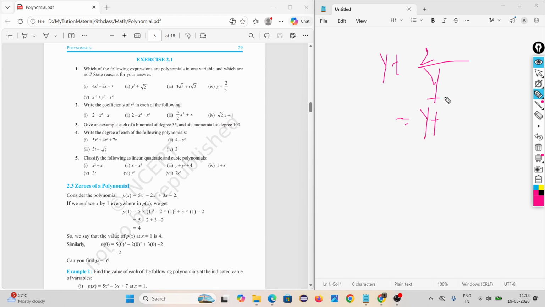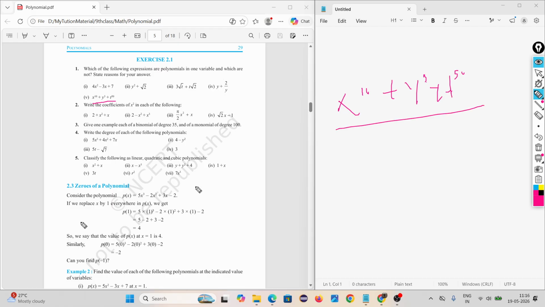Don't put your variable in the denominator. It will be 2y power minus 1. Here y power minus 1 is not a whole number, so it is not a polynomial. Next, x power 10 plus y power 3 plus t power 50. Is it a polynomial? Yes, because all have powers that are whole numbers.